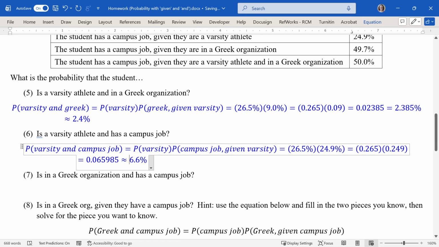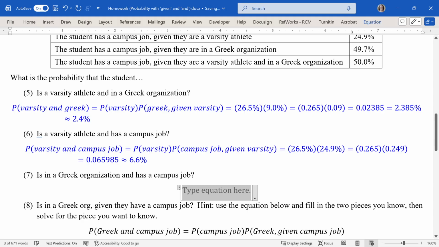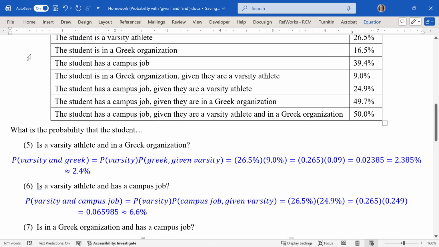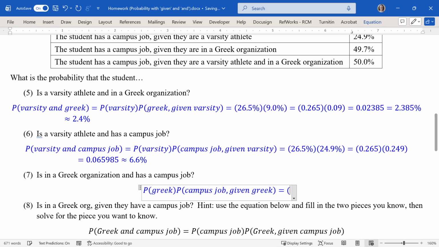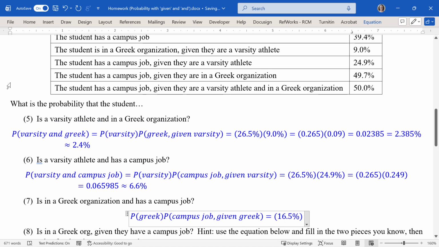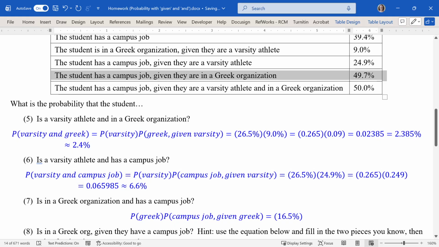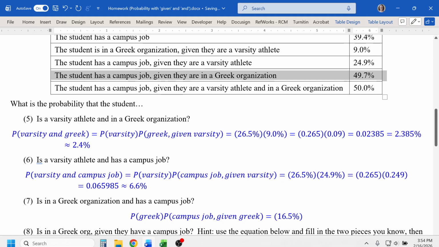Okay, number 3 is in a Greek org and has a campus job. So I'm going to just type the second part of the probability equation, which is these two things multiplied together. This will be probability of Greek times probability of campus job given Greek. Probability of Greek is up here, 16.5%. And then within those Greek students, the probability they have a campus job is the second to last row, 49.7%.